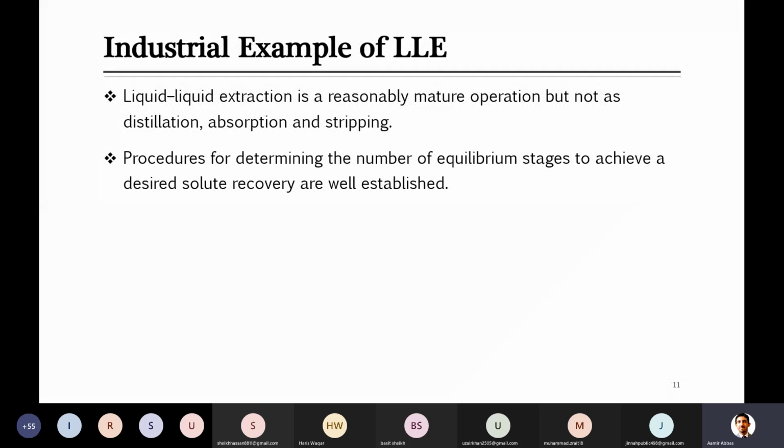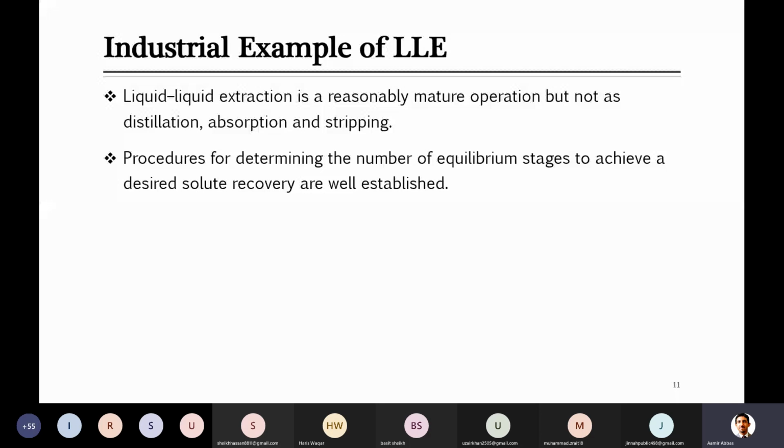For example, later on we will do this calculation of the number of equilibrium stages. Those procedures are well established, and if you are going to design liquid extraction equipment, you can do this easily.